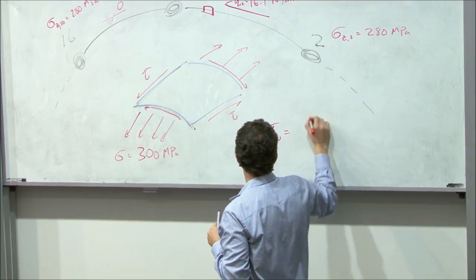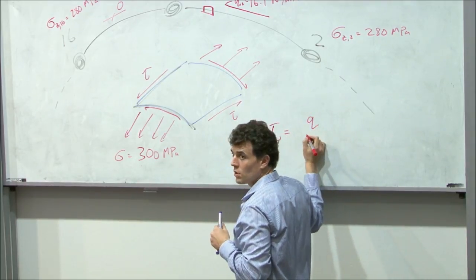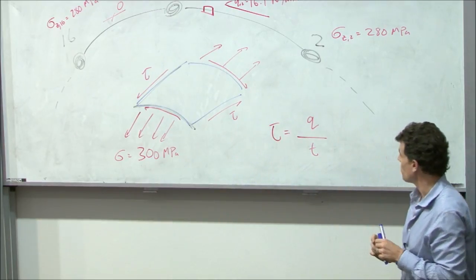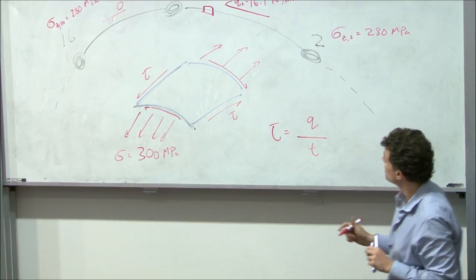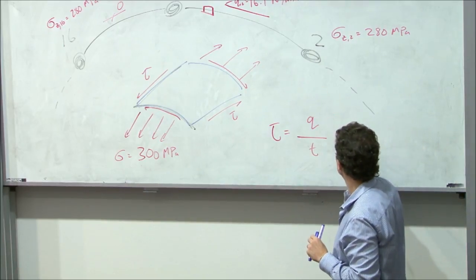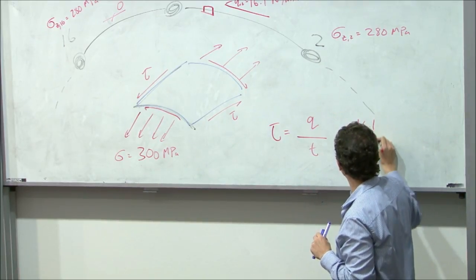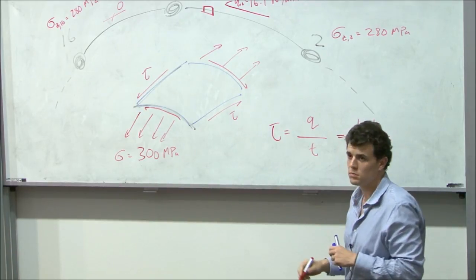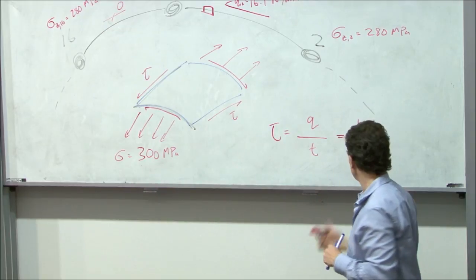Tau equals Q divided by the thickness. So the thickness was 0.8 millimeters. So 16.1 over 0.8, somewhere about 20.